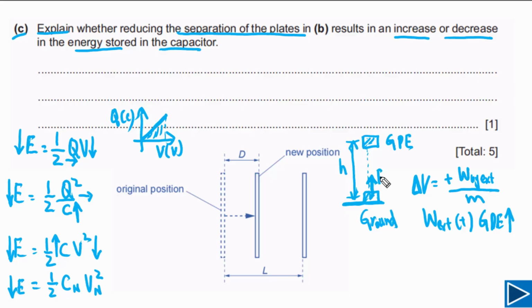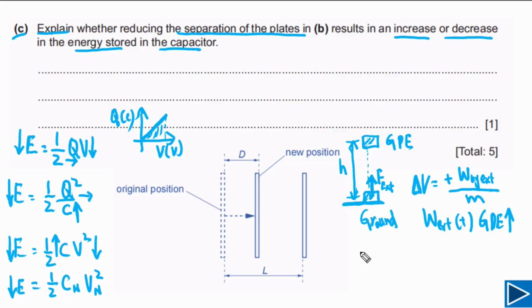In this case, we have to apply a force upward to lift this mass. This force is applied by an external agent, which can be you or a machine. So the work done is positive, and the potential energy of this mass will increase.